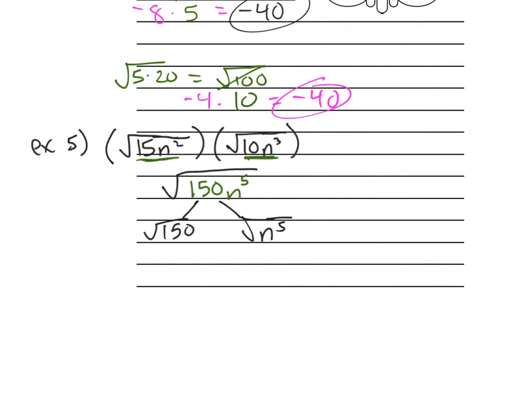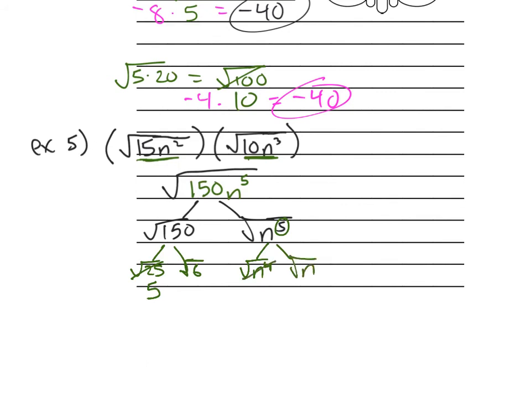We're going to use 25 to break down 150, because 25 times 6. All right, so 25 now turns into a 5 on the outside. So root 6 is still on the inside. So that's our numbers simplified. And now let's look at n to the fifth. That's an odd power, so we're going to bring it down to the previous even, to the fourth, and we'll leave 1 copy of n inside.